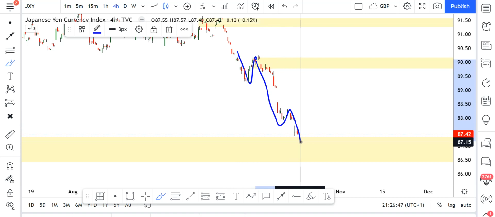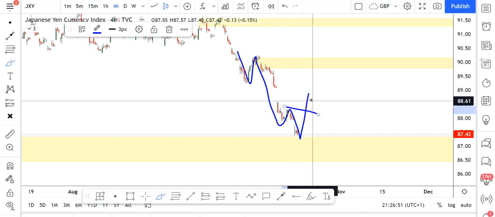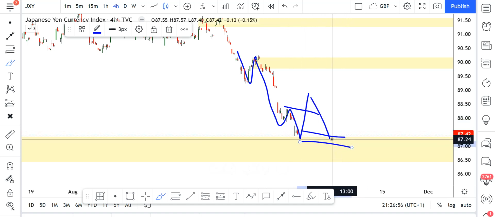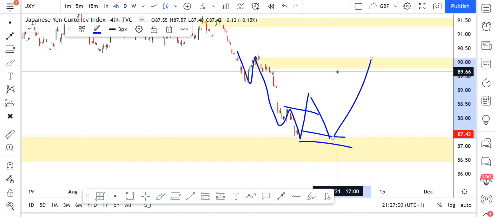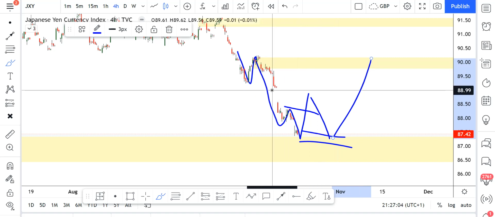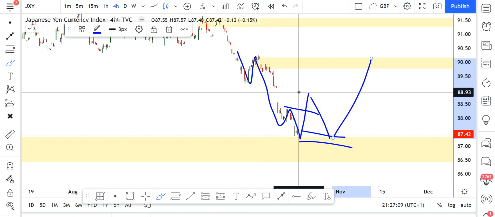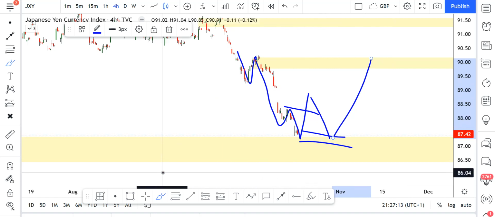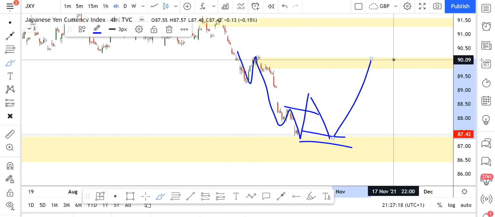Now, if price will start this week by breaking this previous high, then on the retest of the demand zone that will be here, we'll be expecting a strong movement on the JPY so that it can make the peers of JPY sell to the downside. Okay, now let's quickly move to the next pair we'll analyze.